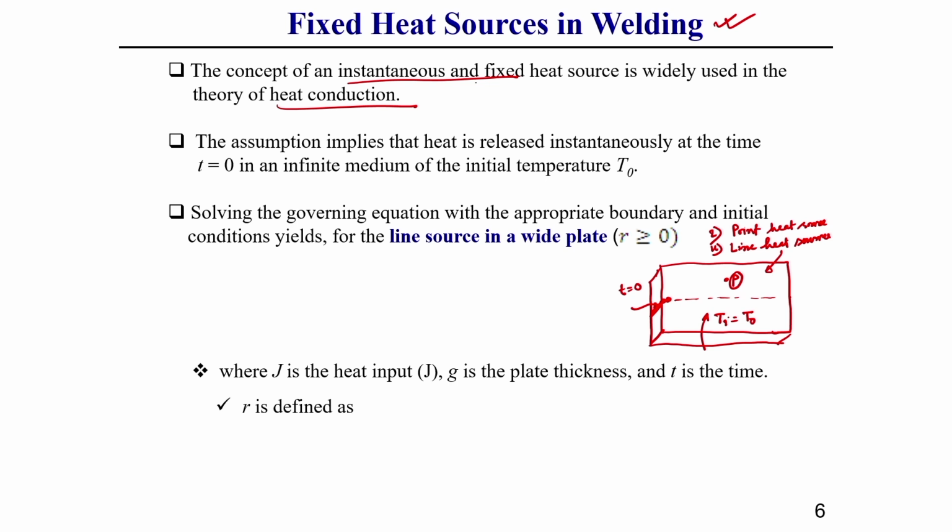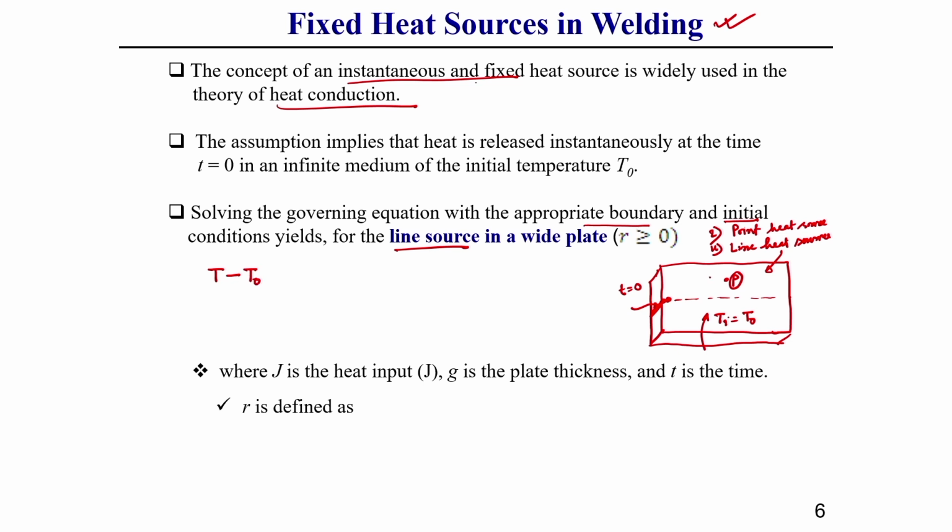Based on the governing equation which I have shown in the first slide, and with the appropriate boundary condition and initial condition, I am directly showing the solution for a line heat source, the temperature rise or temperature distribution.